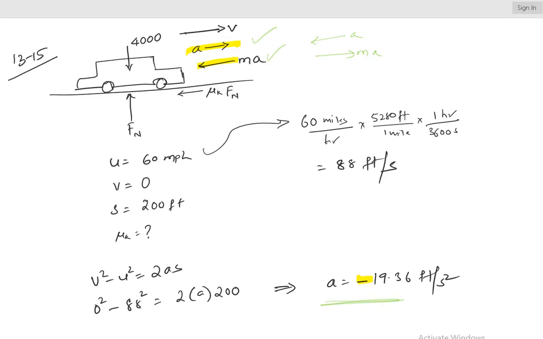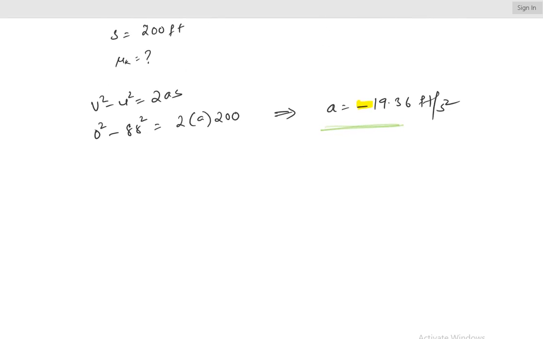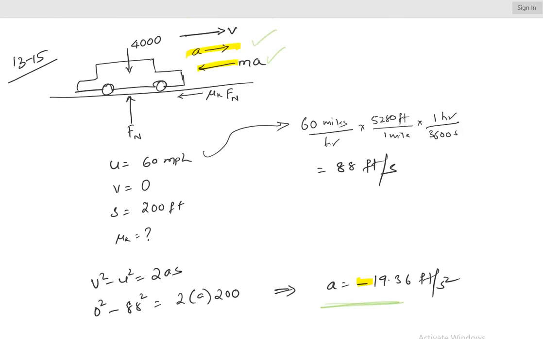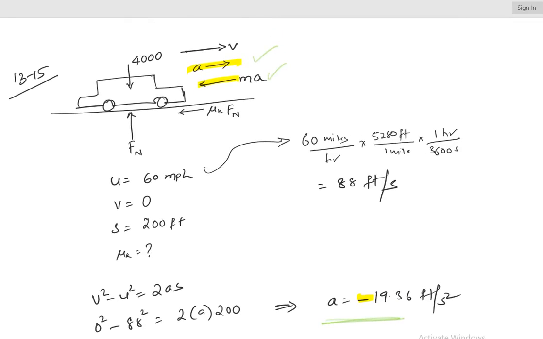Okay. All right. So we have acceleration. Now we need to balance the forces out. Okay. So let's balance in the x direction. In the y direction, there is nothing much. The 4,000 is balanced by Fn. So basically, Fn is 4,000. Okay. So in the x direction, I'm going to take right side as positive.